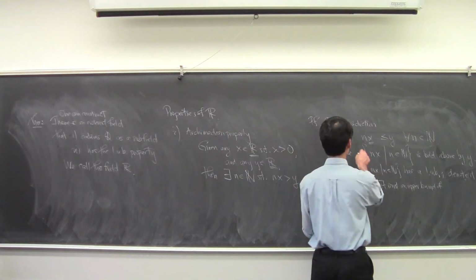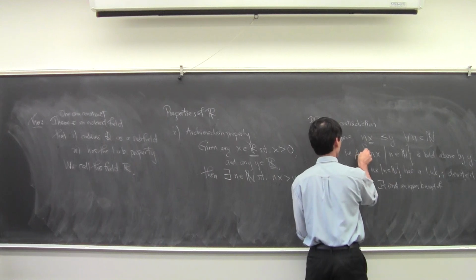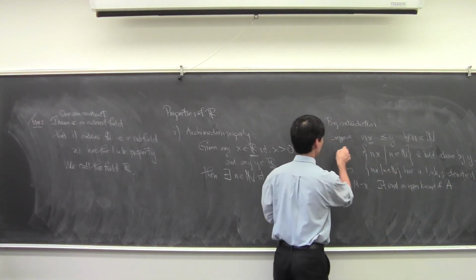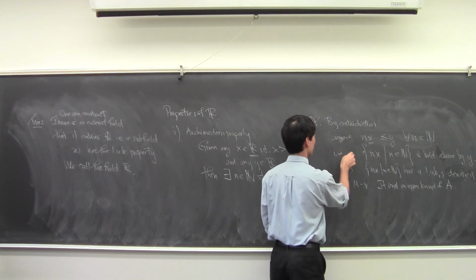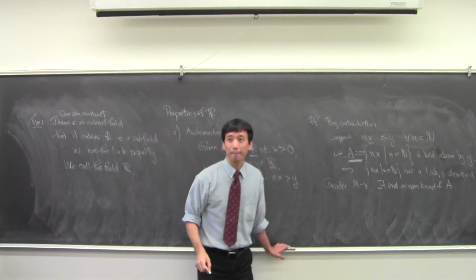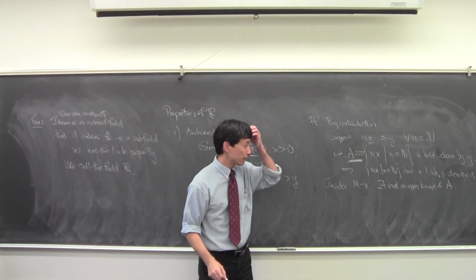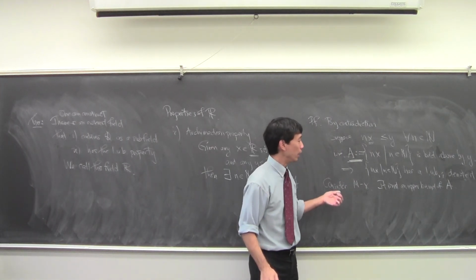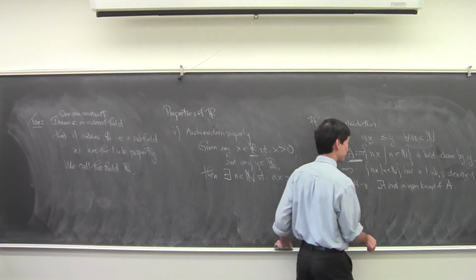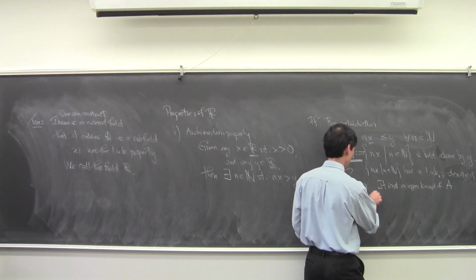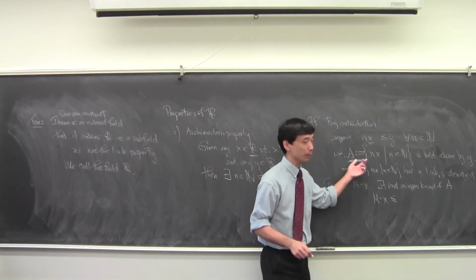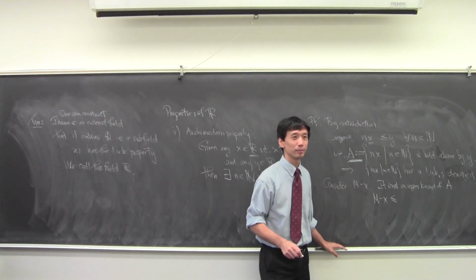I call this set A in the notes. It's not an upper bound of A. So that means that m minus x is less than or equal to some element of A.